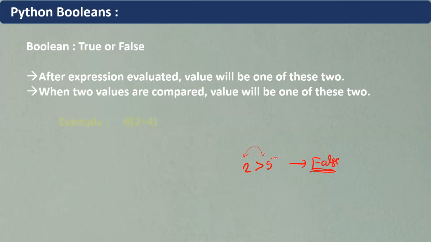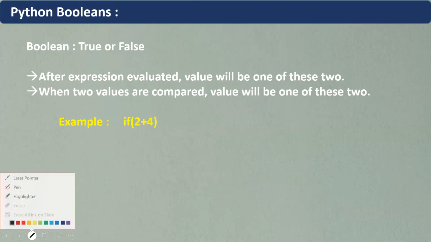Let us see an example. One thing we must understand in the case of Boolean is a simple thumb rule whenever we are discussing conditions.